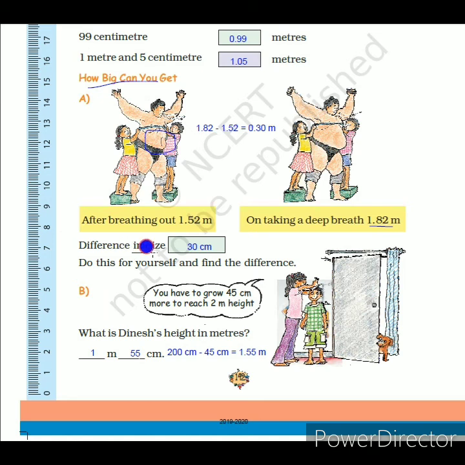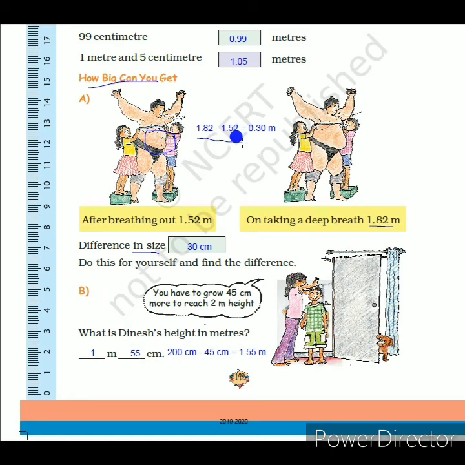Here the question is difference in size. What is the difference in size? To find the difference of this, first we have to take the biggest size. Which is the biggest size? Bigger size is 1.82 meter, and the second one, the lowest one, is 1.52 meter. To find the difference, first we have to subtract 1 meter 82 minus 1 meter 52.